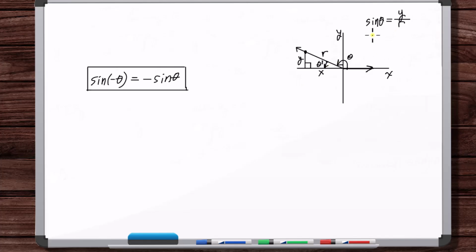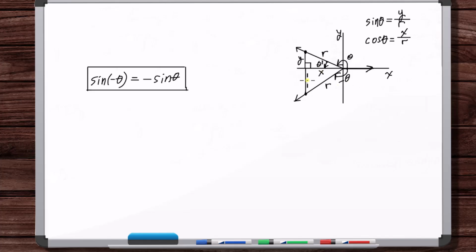Okay, now cosine theta is equal to x over r. If we think about minus theta, it's x over r again, and both the x's are exactly the same in this case. Here's negative theta. The x is negative in both cases, and similarly, you could draw theta anywhere, and then think about the corresponding negative theta, and that's always going to be the case.